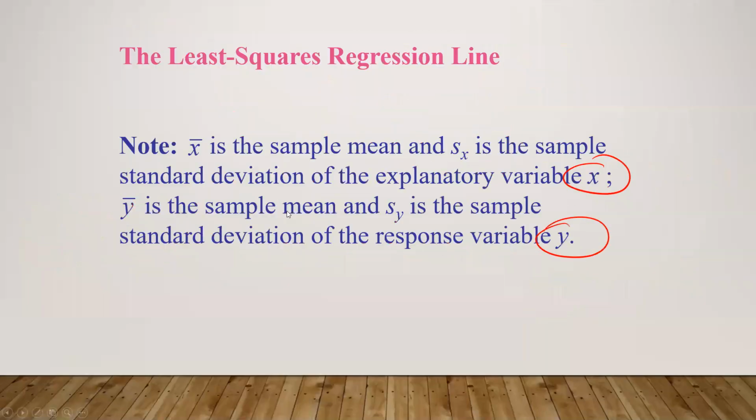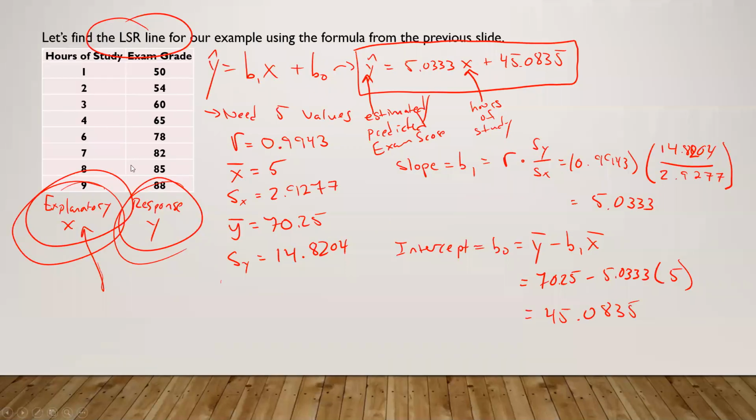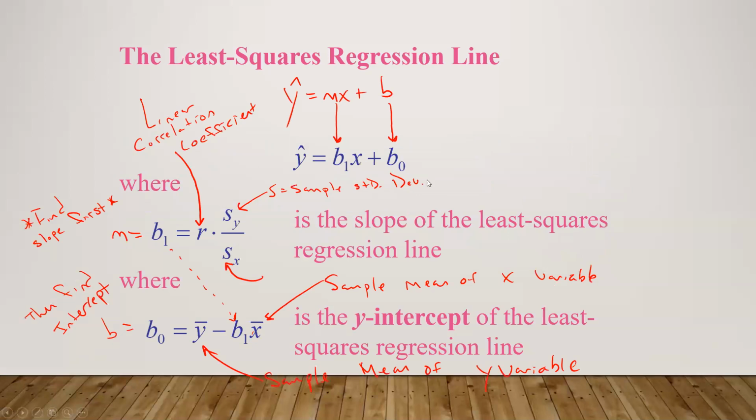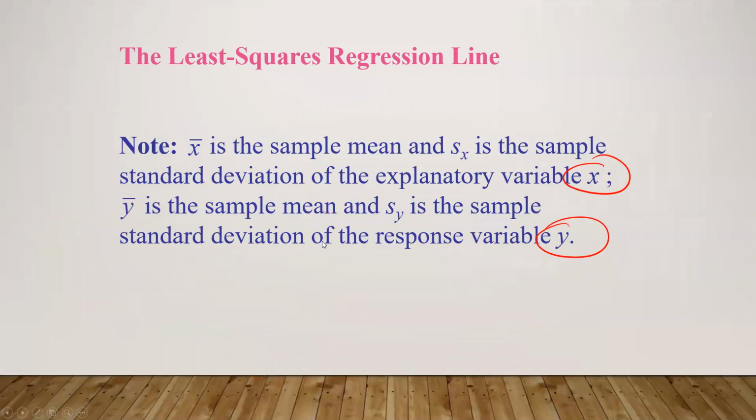If you remember last class, I had this set of data here about hours of study and exam scores from a random sample of students, correct? And I showed you how to use this formula here last class to find the regression line. Does that ring a bell?